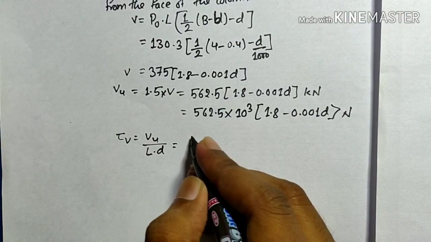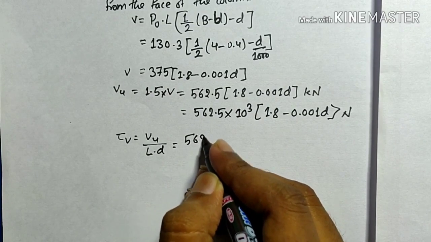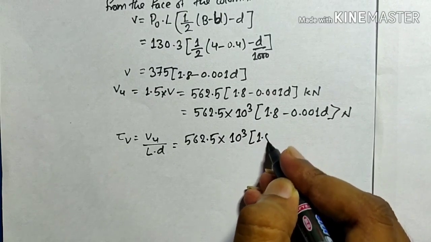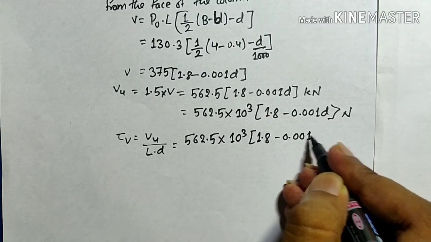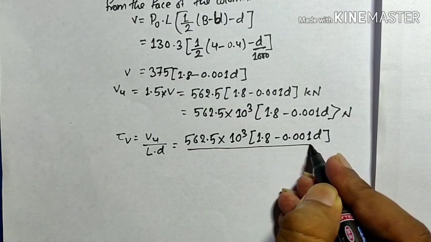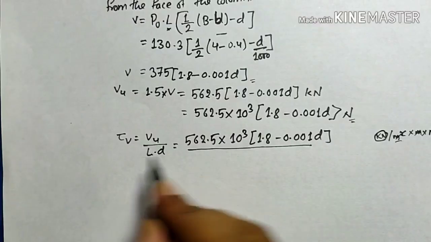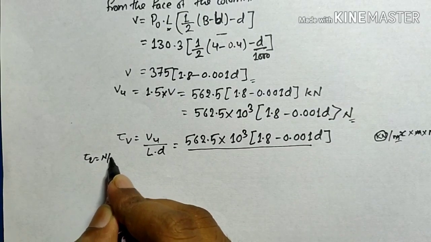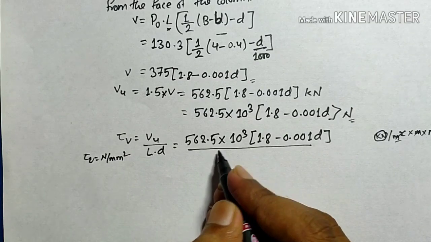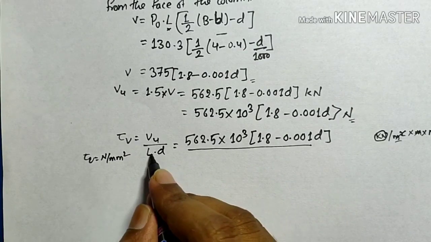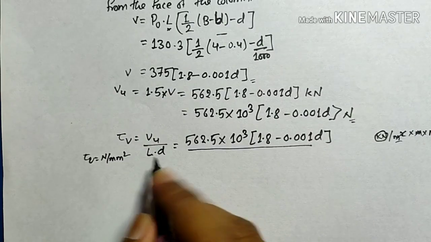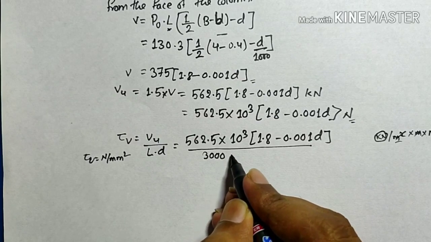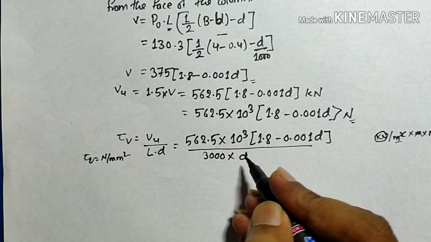Now put the value: tau v equals 562.5 into 10 to the power 3 times 1.8 minus 0.001 d, divided by L times d, and L is 3 meter. The unit of tau v is Newton per millimeter square, so we need to take the span L and d in millimeter. So our L is 3 meters, so it is going to be 3000 millimeter into small d, and as I told you, d is in millimeter.